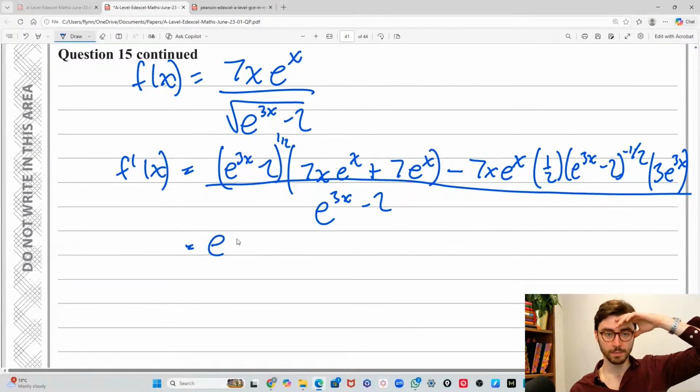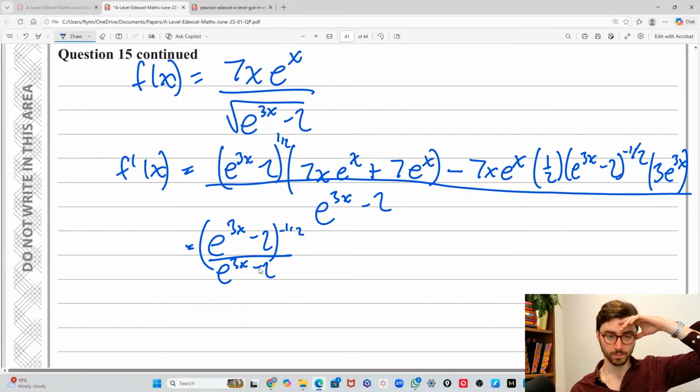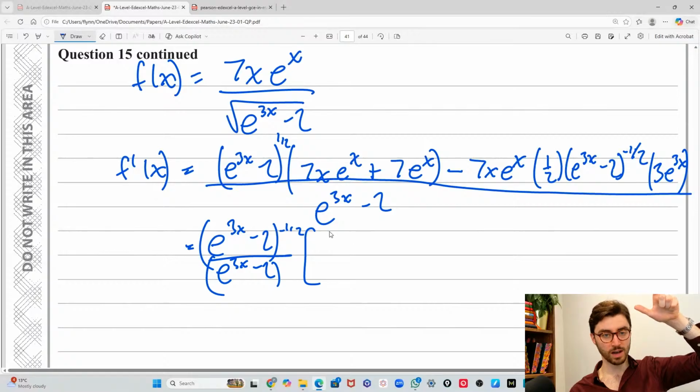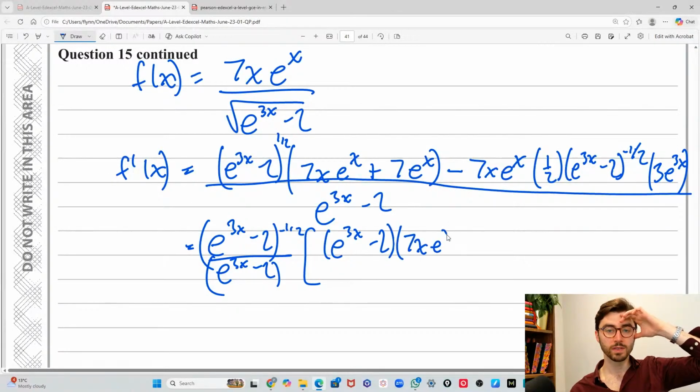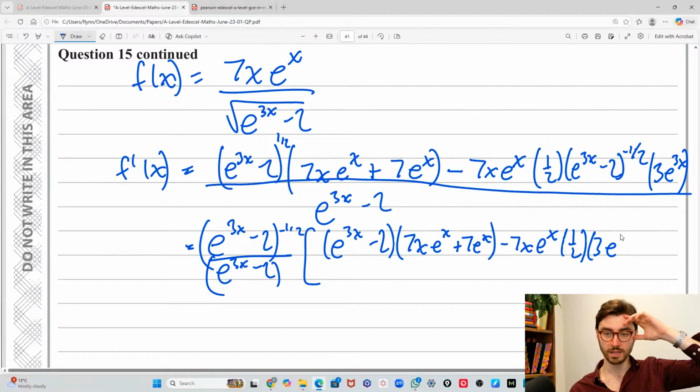So that would be e to the 3x minus 2 to the minus a half all over e to the 3x minus 2 into. Now this guy, once I take this guy out, I'll be left with an e to the 3x minus 2 left behind. I am so giving this question to students when I want to punish them. Oh, this put me in such a good mood. So that's minus 7x e to the x times a half times a 3e to the 3x.